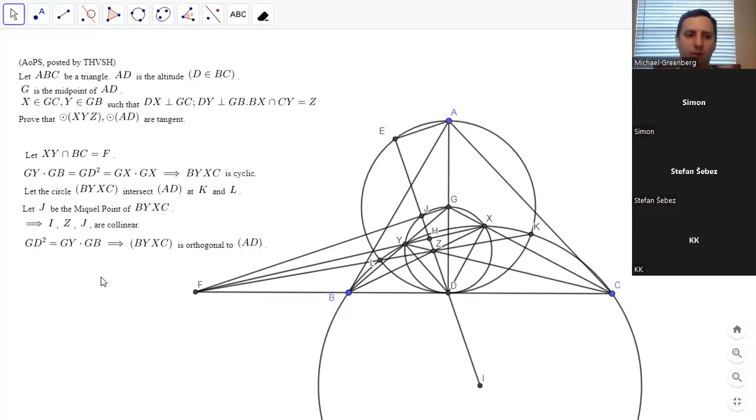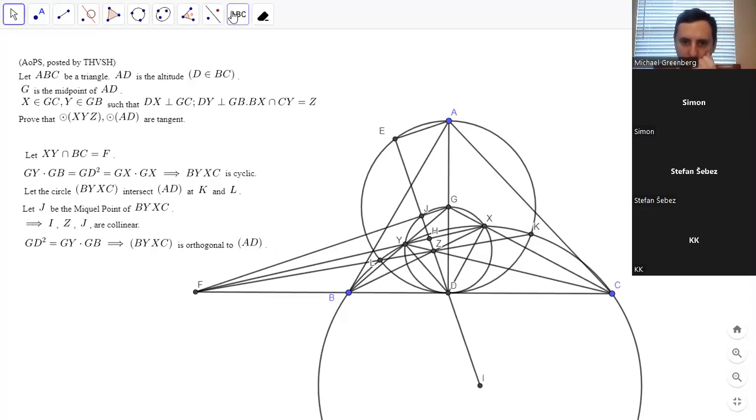Okay, so this means that K and L are on the polar of G, because GL squared.